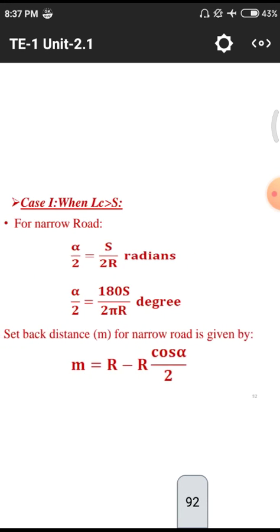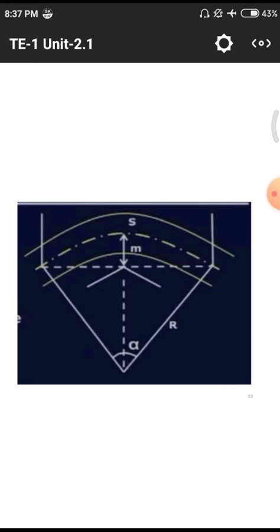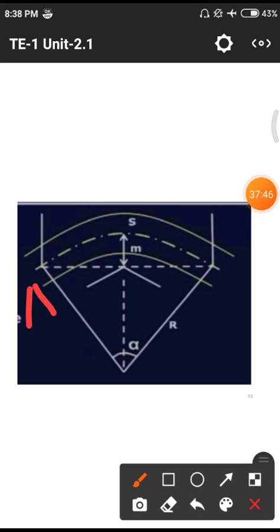In the previous case we calculated m equal to r minus r cos alpha by 2, where r is the radius of the curve. We need to calculate m at the medium point. Alpha is the angle between the two ends, point a and point b.